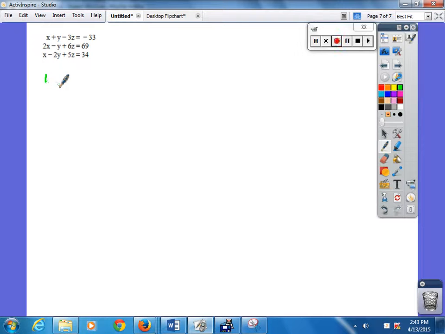The rows are 1, 1, negative 3, negative 33; 2, negative 1, 6, 69; and 1, negative 2, 5, and 34.